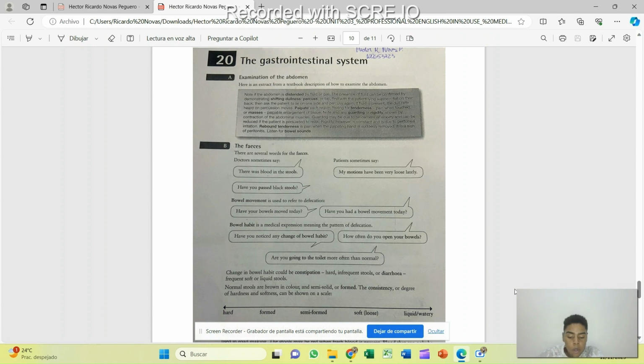could be constipation, hard infrequent stools, or diarrhea, frequent soft or liquid stools. Normal stools are brown in color and semi-solid or formed.